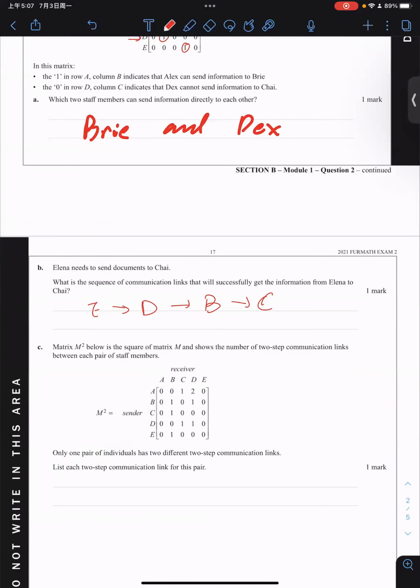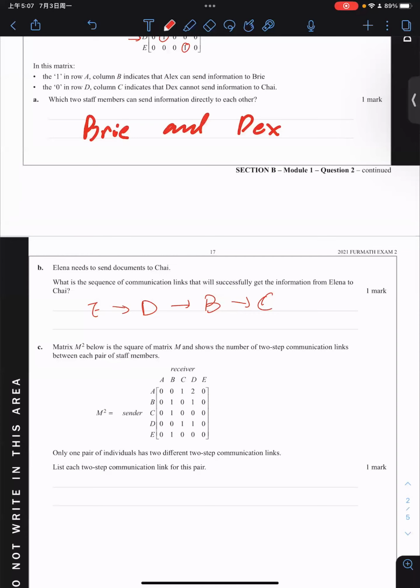Matrix M squared below is the square of the matrix M and shows the number of two-step communication links between each pair of the staff members. Only one pair of individuals has two different two-step communication links.